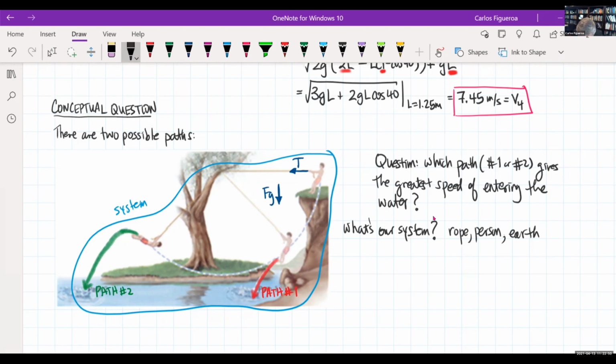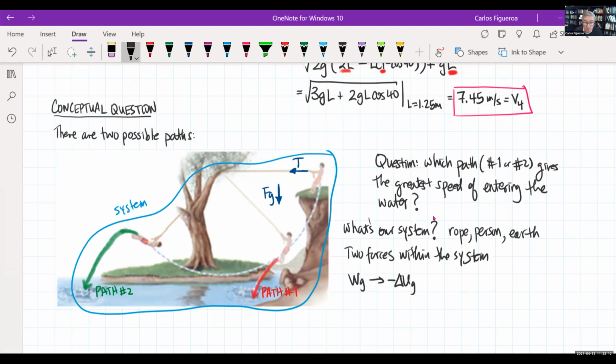So this tells us that we have two forces within the system, and we know that the work of gravity leads to a potential energy change of this person.